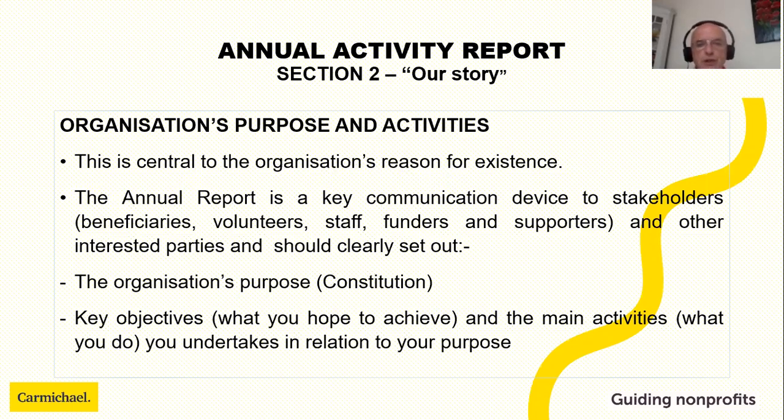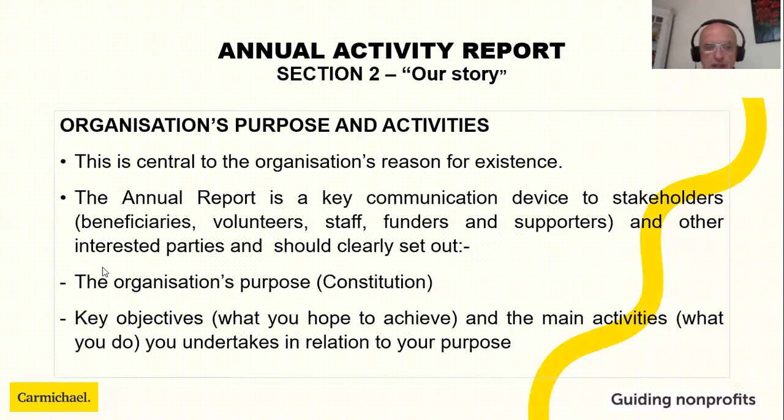The annual report is a key communication device to stakeholders, and the stakeholders are your beneficiaries, the volunteers, the staff, the funders, and the supporters, and other interested parties, and that includes the general public, the people who may be making private contributions to your fundraising, for example. They have read your annual report and they have found it quite attractive, and they are impressed by the work that you do.